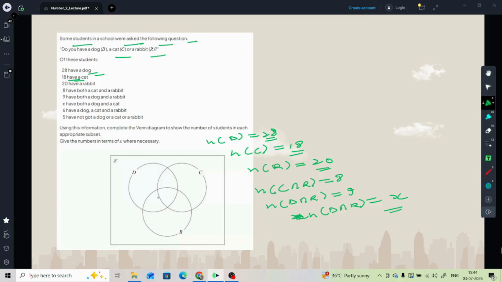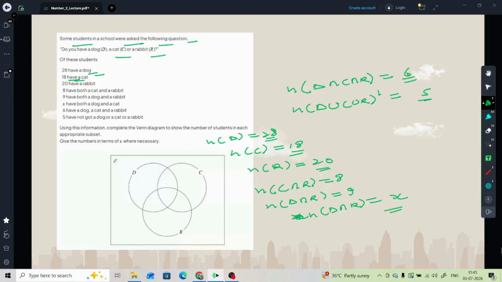So this is the common part, D intersection C intersection R, that is 6. And 5 have not got a dog or a cat or a rabbit, so it's the number of elements in the complement of D union C union R, leaving everything out.